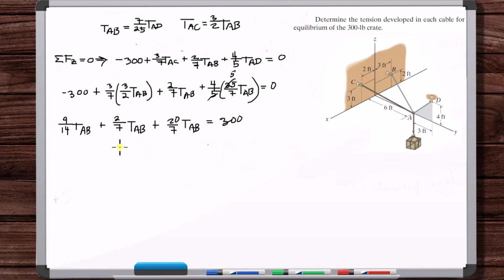All right, so now we just need to combine this. Let's turn these into fractions with 14 in the denominator. All right, so 9 plus 4 is 13. 40 plus 13 is 53.